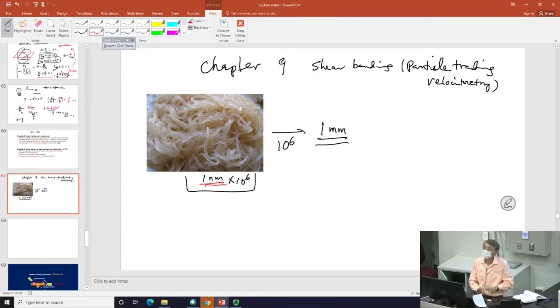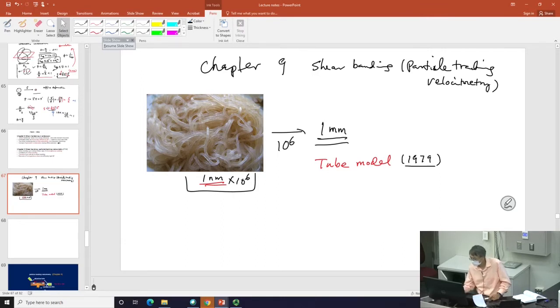So we need such a theory if we were to make any interpretation of what we observe at a molecular level. We need such a model. And such a model did exist. It's called the tube model. Developed as early as, more or less, a preliminary version was developed in 1979.